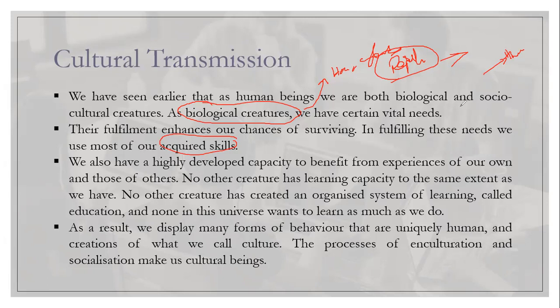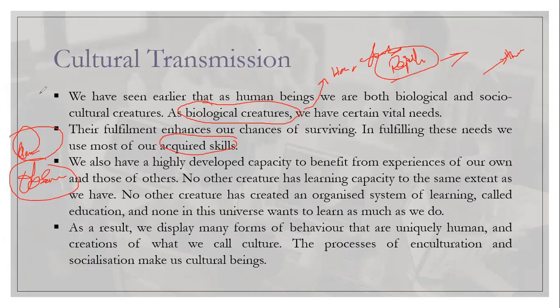We also have a highly developed capacity to benefit from experience, our own and that of others. Particularly as human beings, we have the ability to learn, to observe other beings. It is observational learning. No other creature has learning capacity to the same extent as we have. Yes, the human being is the most developed being on earth.